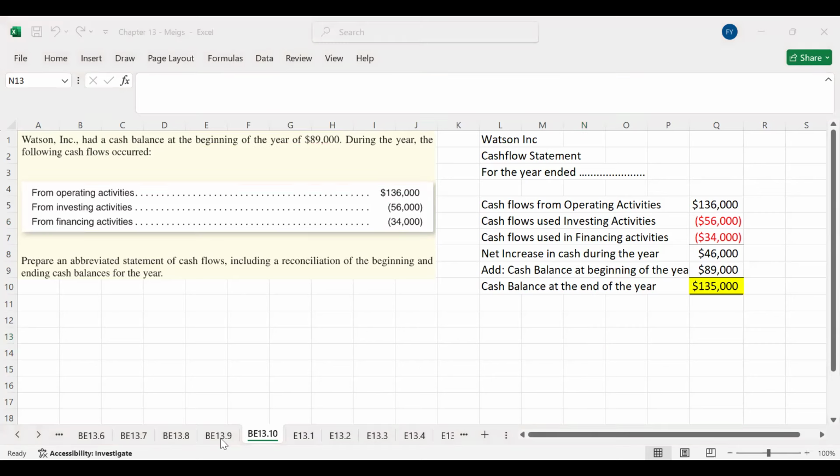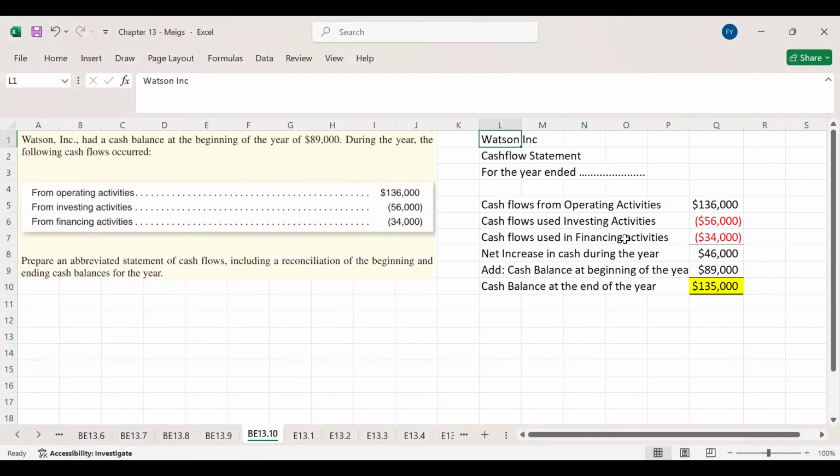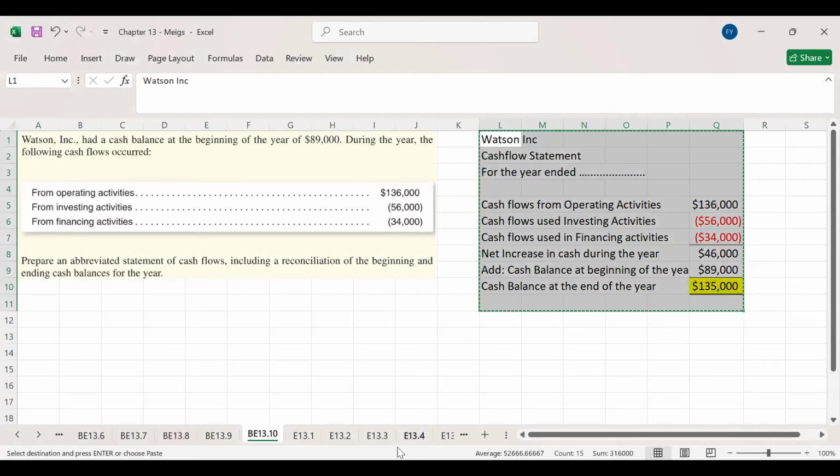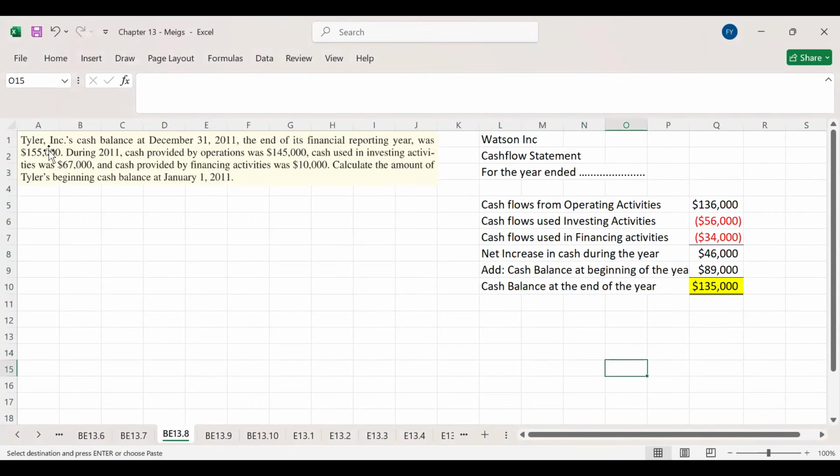The next exercise which we are going to do today is 13-8, which is also an introductory format of the cash flow statement. So here we can copy the format. Okay, so the Taylor Incorporation cash balance at December 31st, 2011, at the end of its financial year was 155.